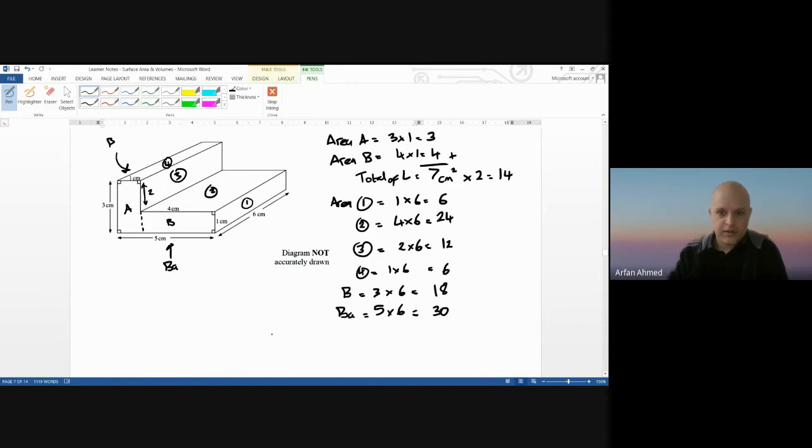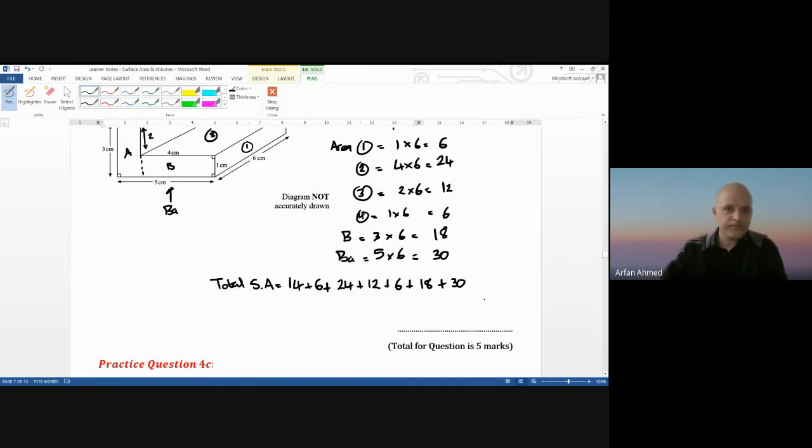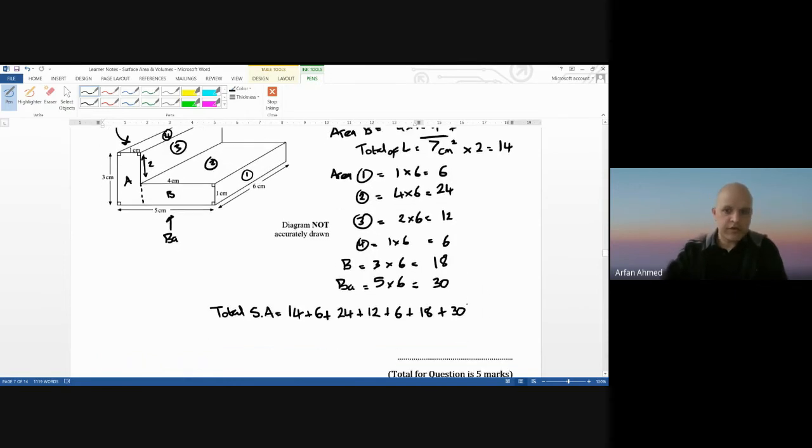It's absolutely fine. So the total surface area is going to be 14 plus 6 plus 24 plus 12 plus 6 plus 18 plus 30. Do correct me if I've gone wrong somewhere, if I've missed any. Apologies, but I'm pretty sure I've done it right.